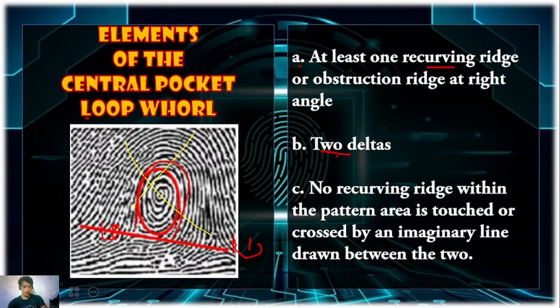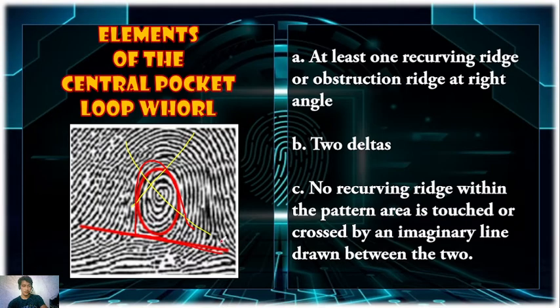So as we have seen in our illustration, walang nag-touch na recurving ridge. We have here the recurving ridge, but as we draw here an imaginary line, wala man lang nasagi na recurving ridge.